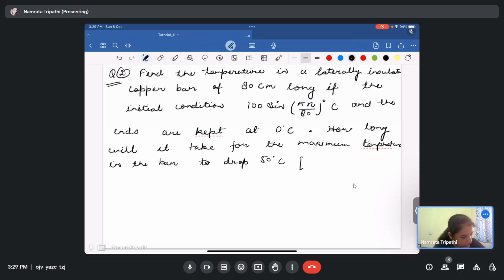And one more thing is given, diffusive constant for copper 1.15. So this is the question.